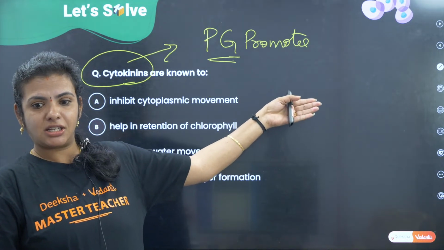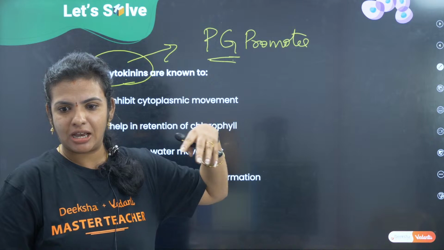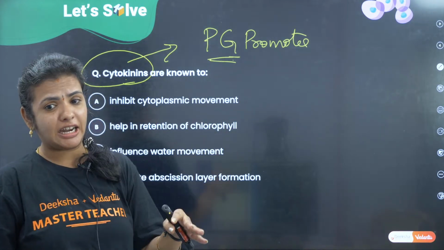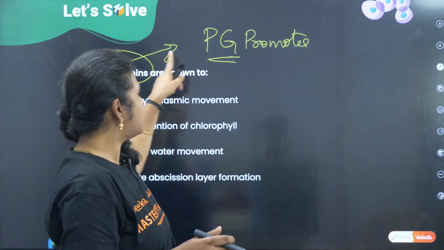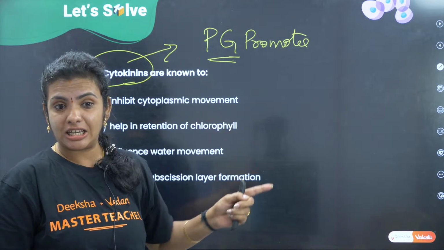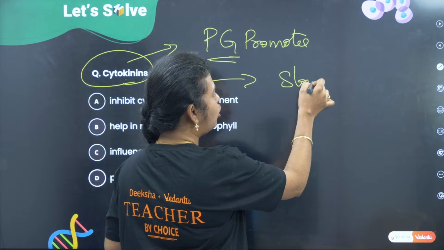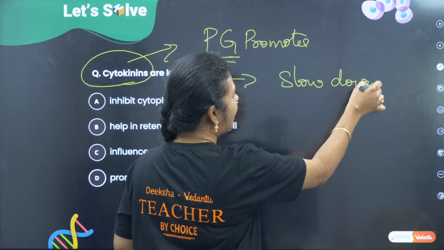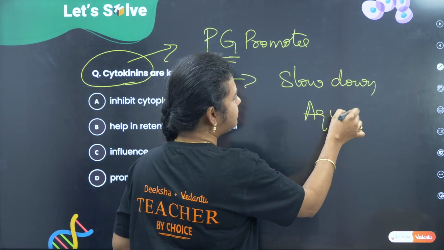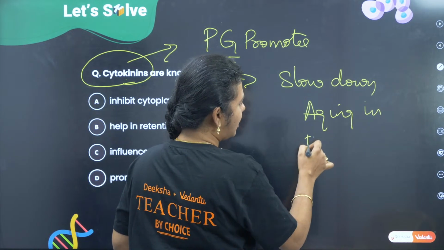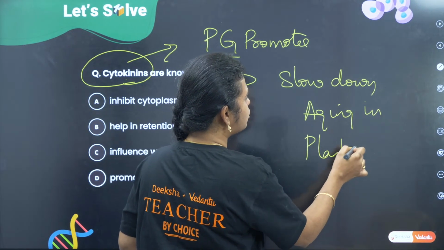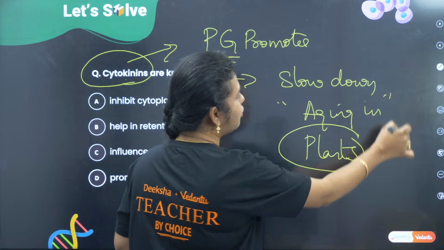Okay, yes, Dhanush, you are saying present around the stem, helps in cell division, all that is correct, but what's the main important thing? Remember, cytokinin is a magic hormone. Okay, magic hormone, why? It is going to slow down aging process in plants. Okay, please make a note of this. It is going to slow down aging process in plants.